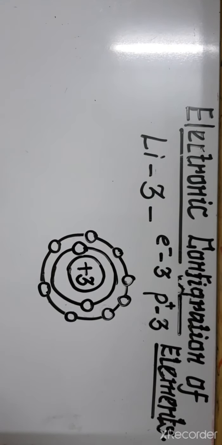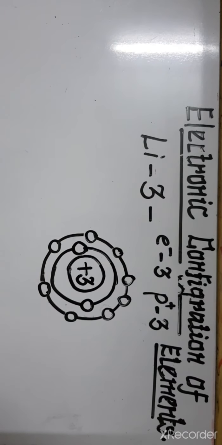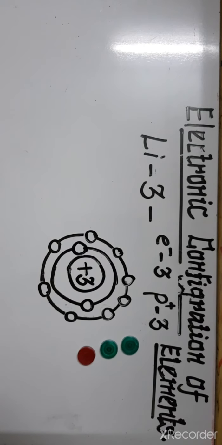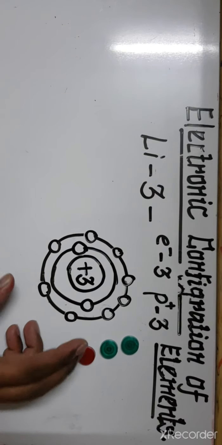But here in a lithium atom, the atomic number of lithium is 3. That means 3 electrons are present in a lithium atom. So those 3 electrons we will take in the form of coins. Here I am taking 3 coins to represent those 3 electrons. Now we have to distribute these 3 electrons in the shells.